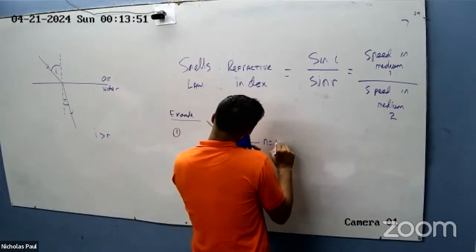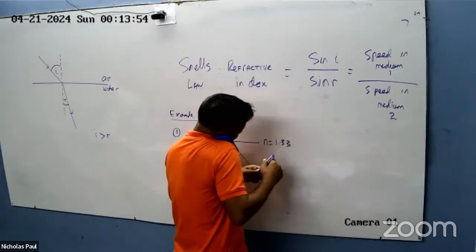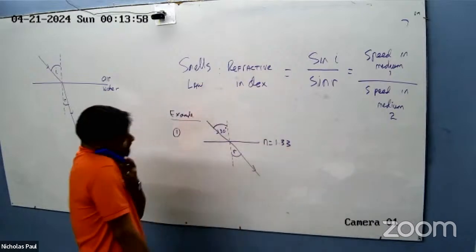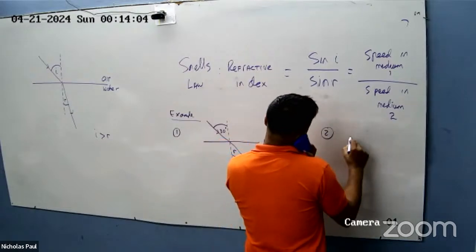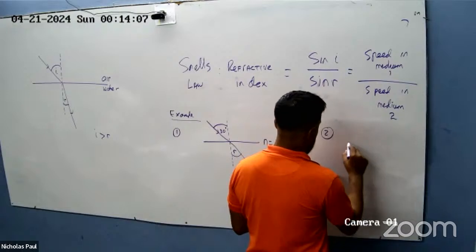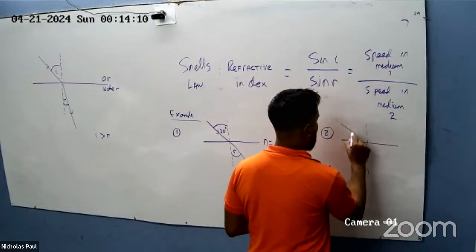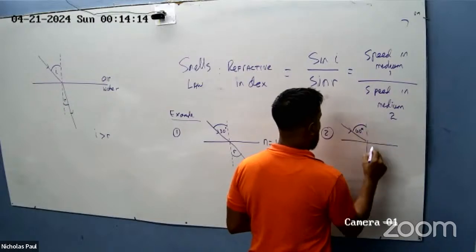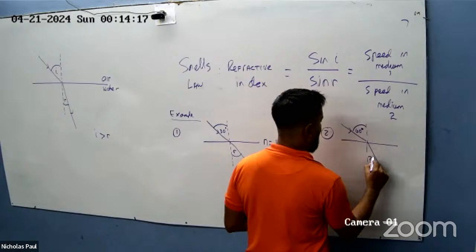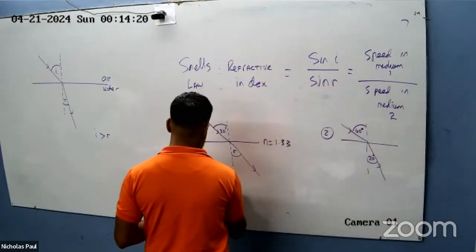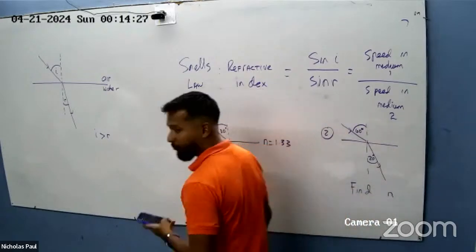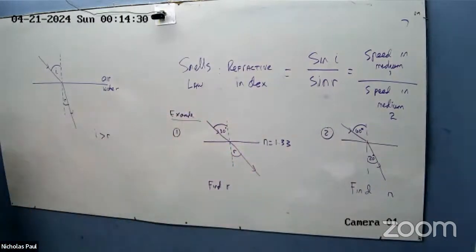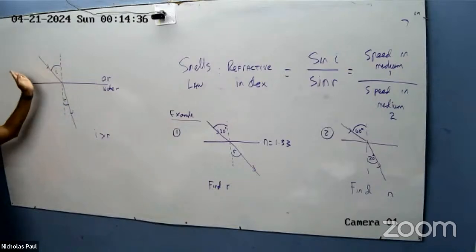So you're looking at the concept: going from less dense to more dense, the ray goes towards the normal; more dense to less dense, you see it going away from the normal.